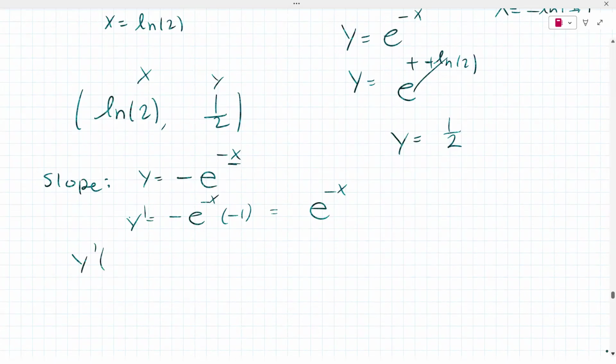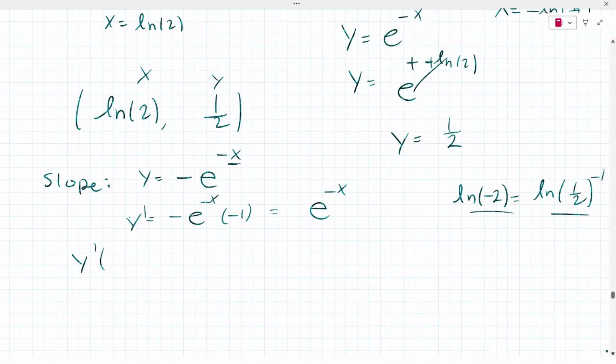So then you plug in your x value. You can use ln of 2 or ln of 1/2 to the -1 because they're the same thing, right? Ln of 2 is the same thing as ln of 1/2 to the -1. Okay, so if I use this value, two negatives become a positive.